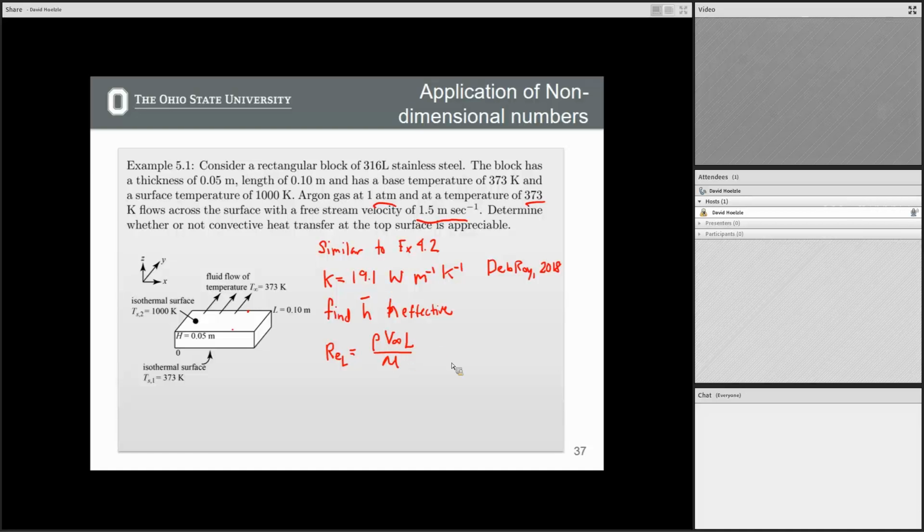Then we can pull some of these values for argon gas. This was actually from Engineering Toolbox, is where I found these. The density of argon gas is about 1.5 kilograms per meter cubed.